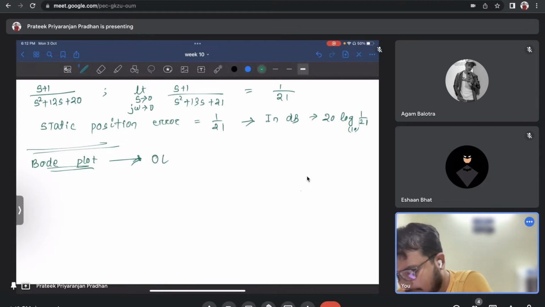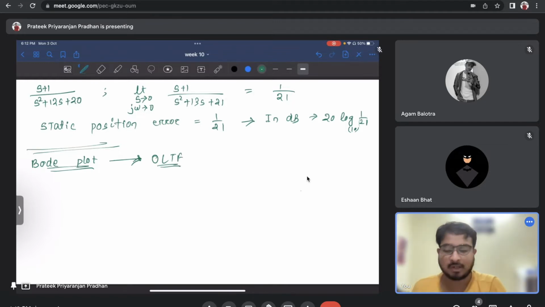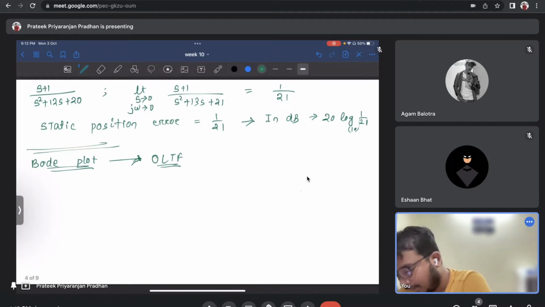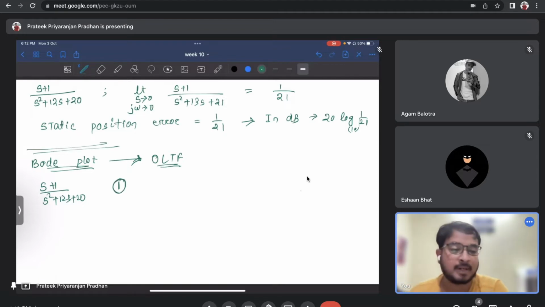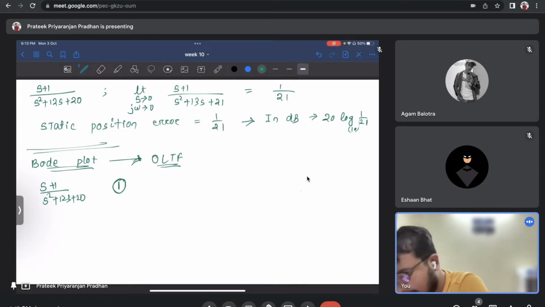Open loop transfer functions. Okay, then what's the open loop transfer function? It's s plus 1 divided by s square plus 12s plus 20. So the first step in a Bode plot, which you must always do to avoid any kind of discrepancy or problem, is factorization.